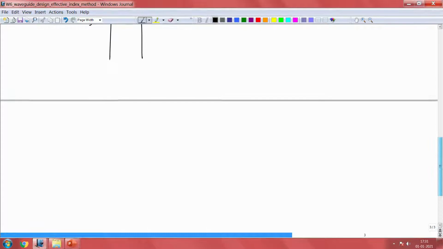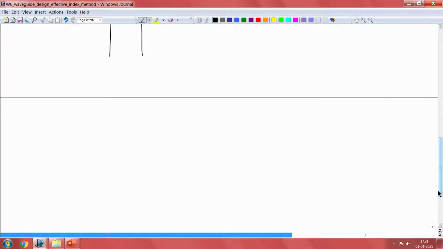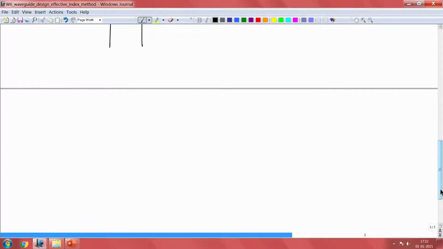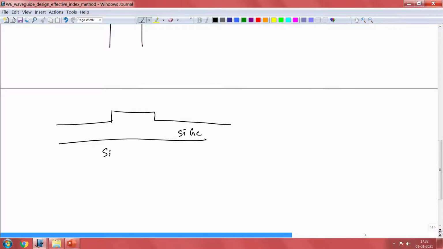Let us use a ridge waveguide structure. So, we have a silicon substrate, and I have a thin layer of silicon germanium in this case, and then I have silicon on top. This is a standard example that I have here.